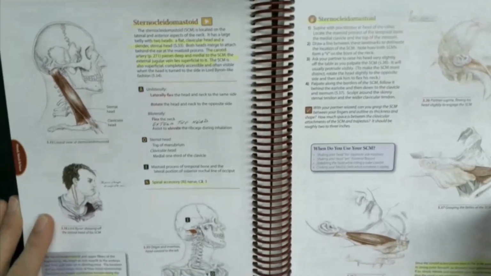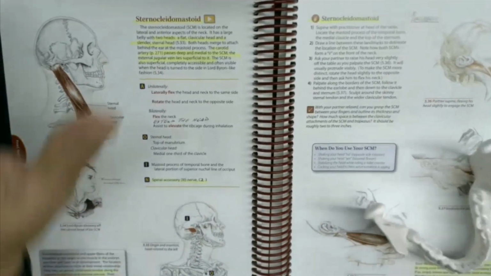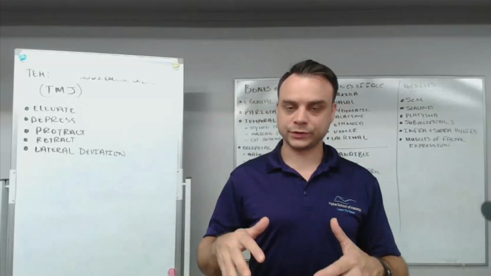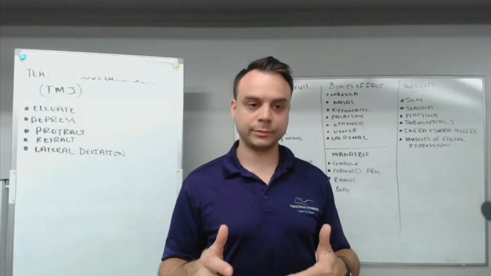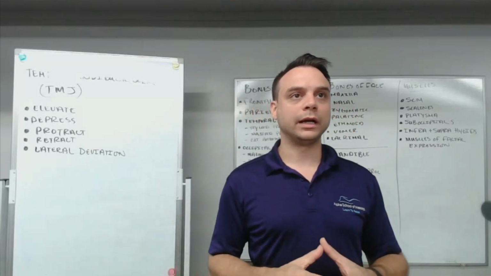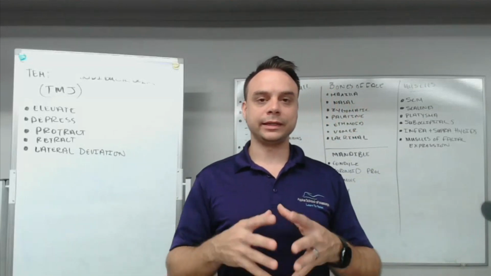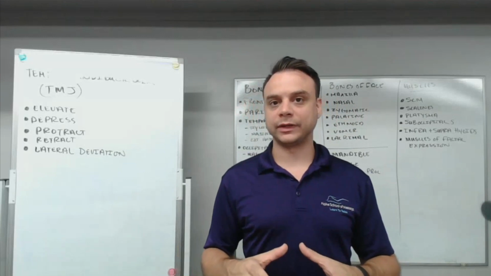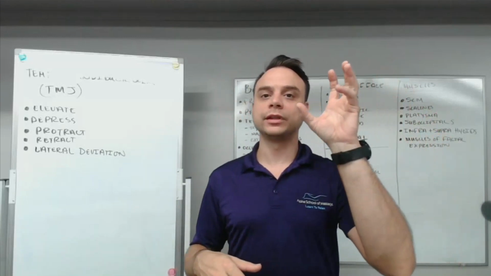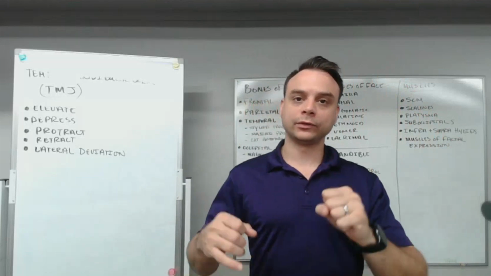Now, when we talk about muscles, let me flip it back here. When we talk about muscles, we talk about origins and insertions and actions. Let me just give a brief explanation of what all that is. So the origin of a muscle is the attachment site that the muscle is attached to, bony-wise, that is going to move the least when the muscle contracts.